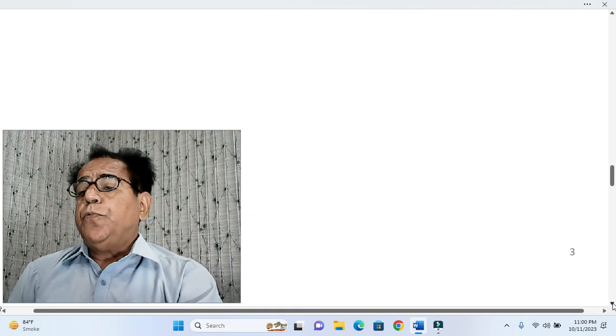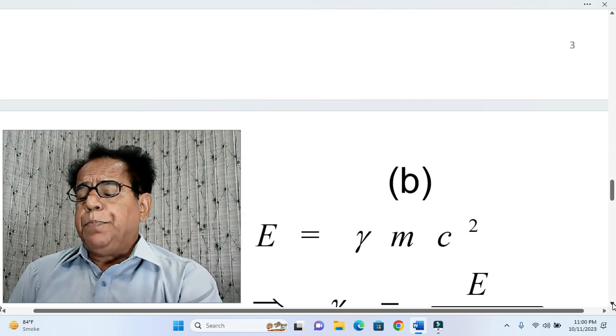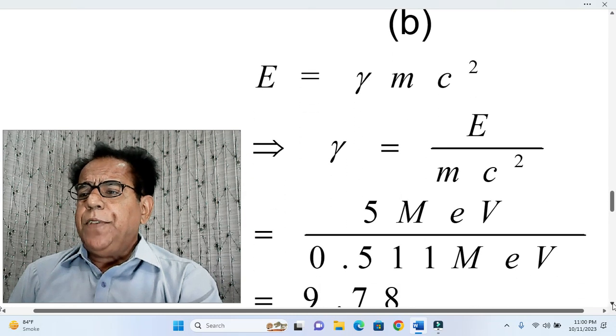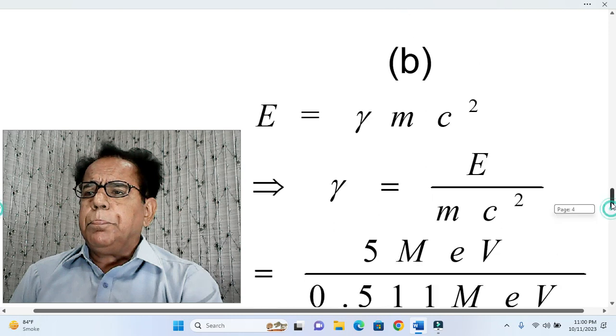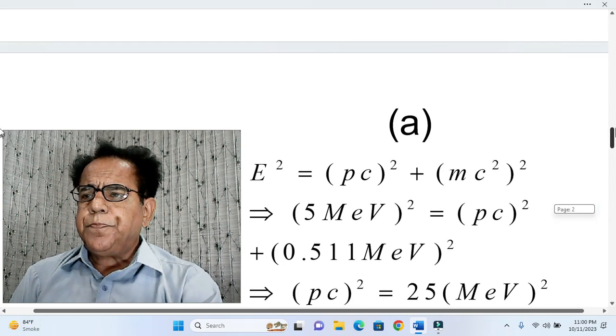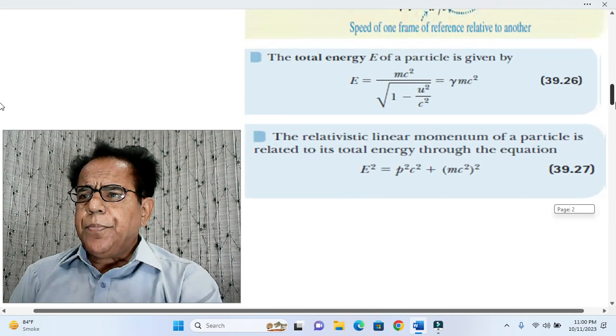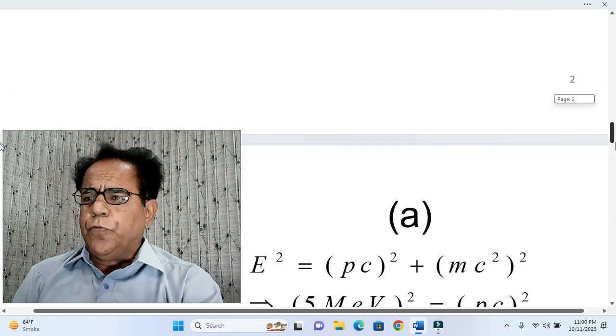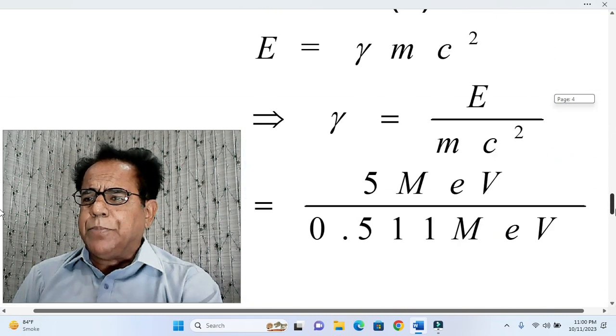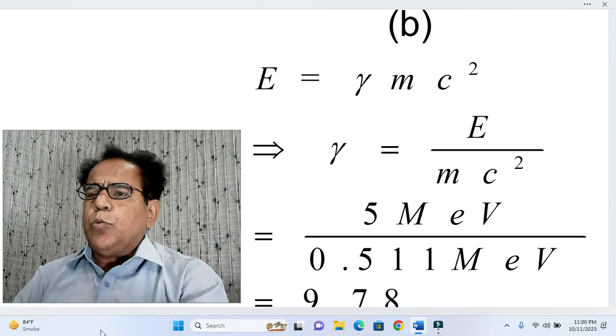Now we move to part B. Here we have taken the second last snapshot: E equals gamma mc squared, that is Lorentz factor times mc squared.